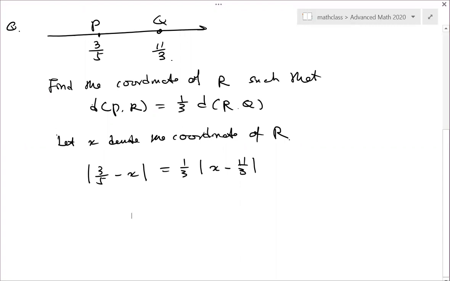There is an absolute value here. You have to remove it.